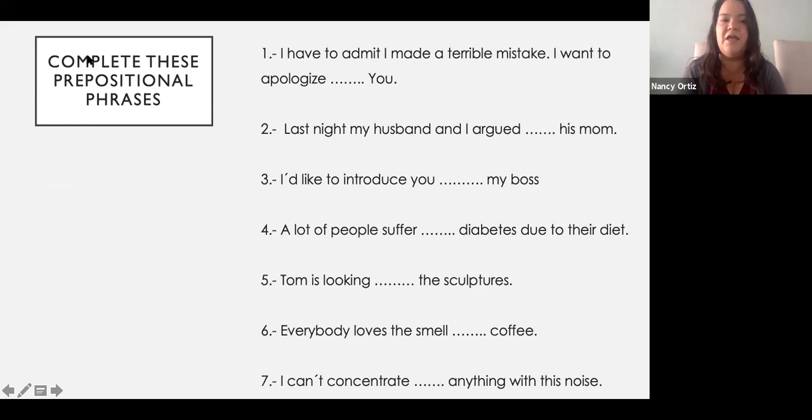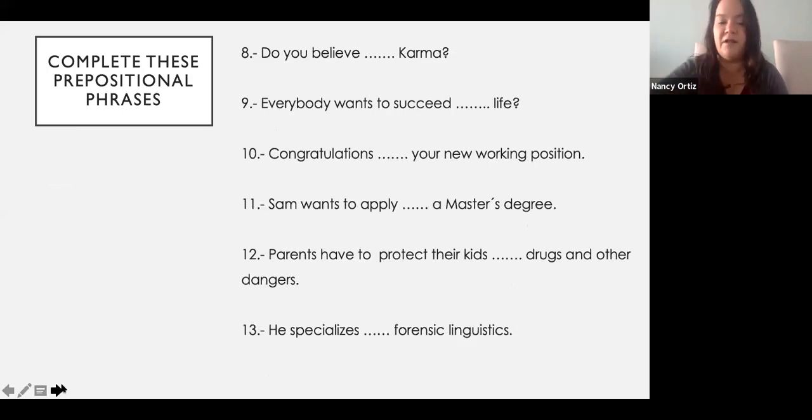It says, complete these prepositional phrases. You don't need to copy the whole sentence. At the end, we have 13 sentences. All you have to do is write 1 and the preposition that you would use, 2 and the preposition. Please tell me when you're done with 7, and when everybody's done, I'll change the slide and we'll continue, okay?